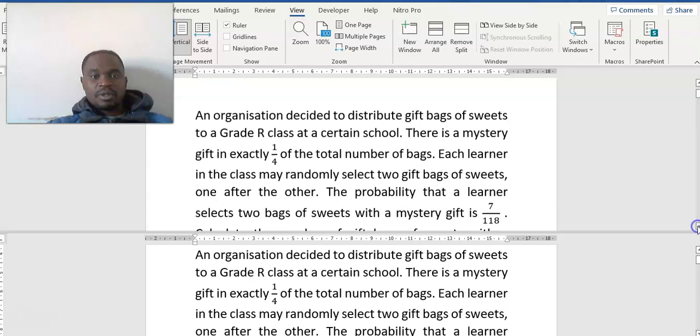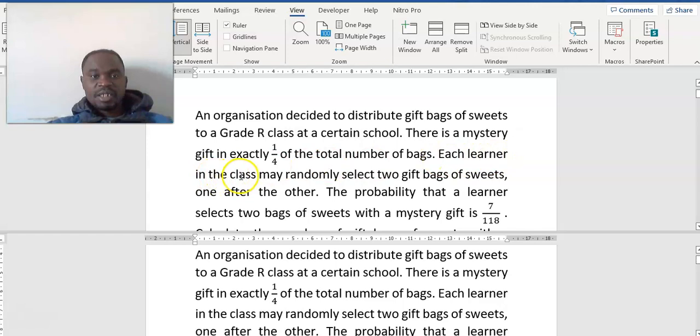The question here, this is a past question. It says, an organization decided to distribute gift bags of sweets to a grade R class at a certain school. There is a mystery gift in exactly 1/4 of the total number of bags.